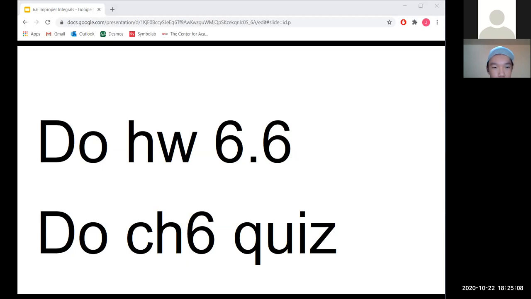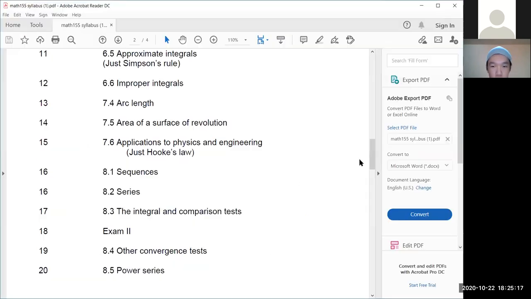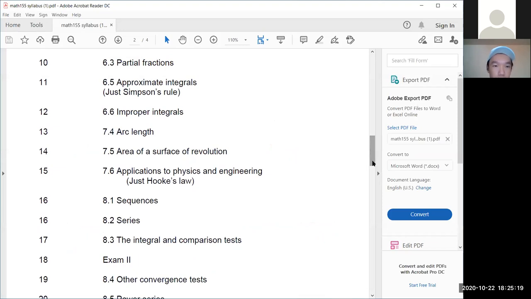I'll have to look at the number of topics remaining. So here's the syllabus. We just finished 6.6. If you look at the list of topics, we have 7.4, 7.5, 7.6, 8.1, 8.2, and 8.3.